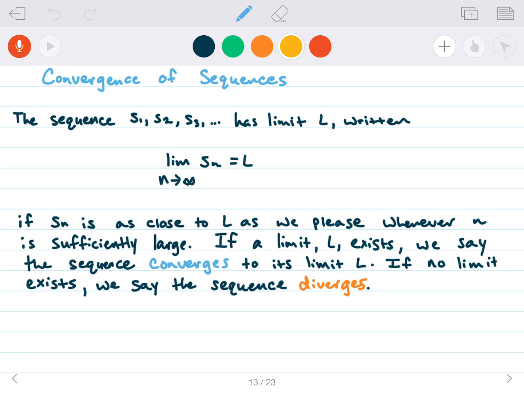If L exists, we say that the sequence converges to its limit, and if it doesn't exist, we say that it diverges. So basically, what this is saying is when we make n huge, as n goes to infinity, we should approach a single number L. And that constitutes a convergent sequence.